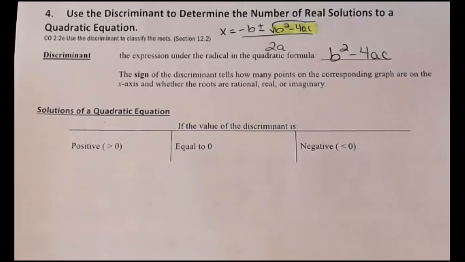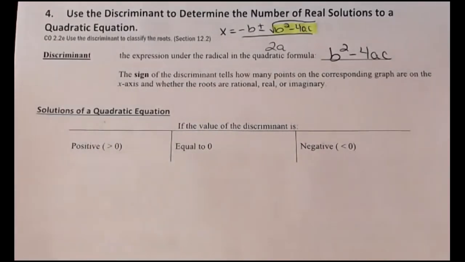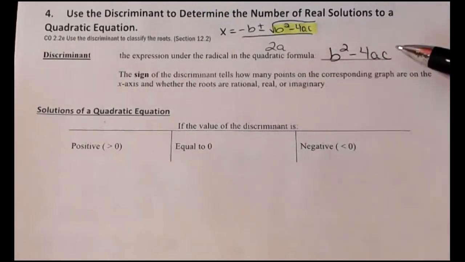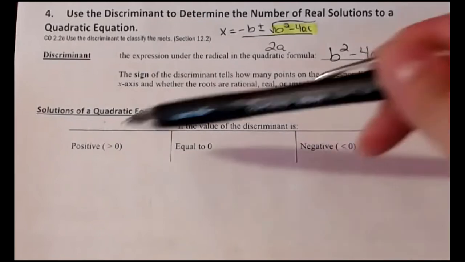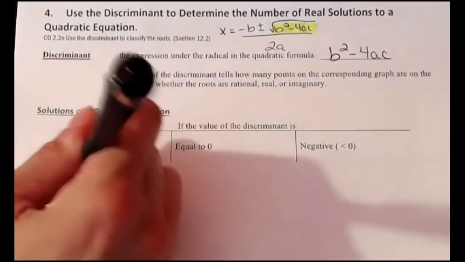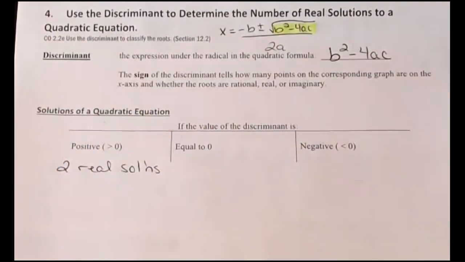So for instance, let's take a look at the following chart. It says solutions of a quadratic equation essentially based on the discriminant. What can we expect? If the value of the discriminant, the b squared minus 4ac, is positive, meaning it's greater than 0, what that implies is we're going to have 2 real solutions. That's exactly what that means.